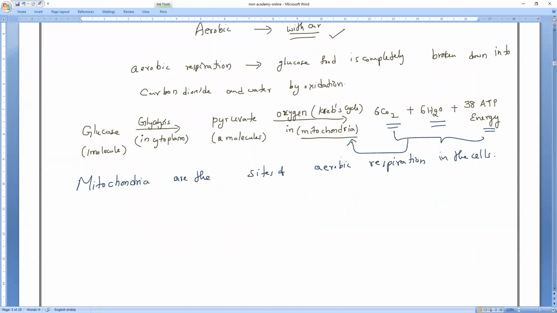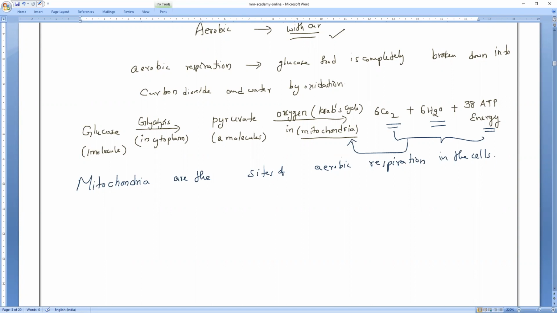Everybody. Aerobic respiration only, including humans, dogs, cats, lions, elephants, cows, buffaloes, goats, deer. You can take many animals in our surroundings: lizards, snakes, earthworms, frogs, fish, insects, cockroaches, mosquitoes, ants, and plants also.